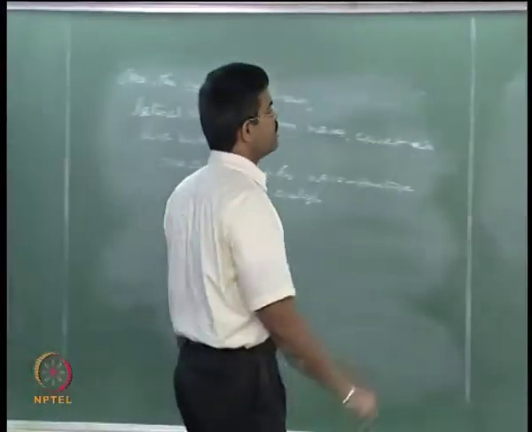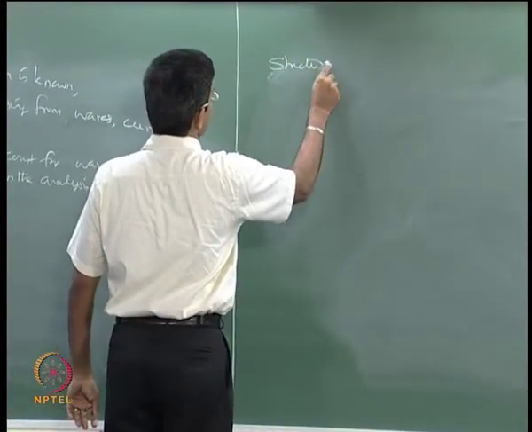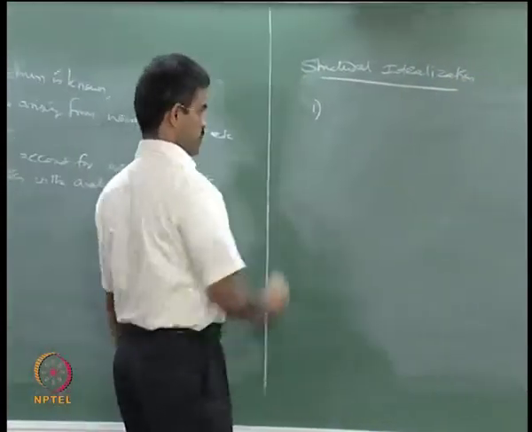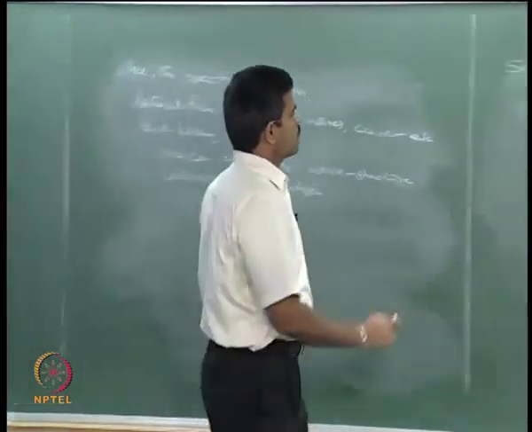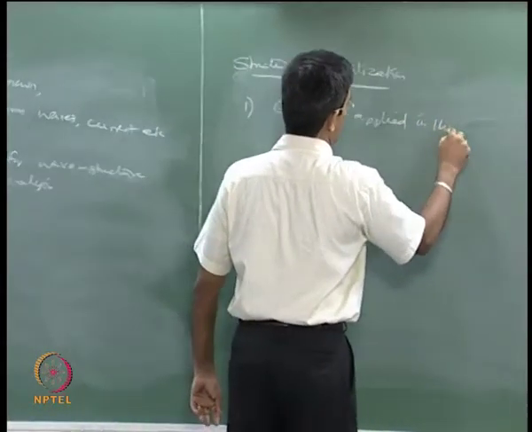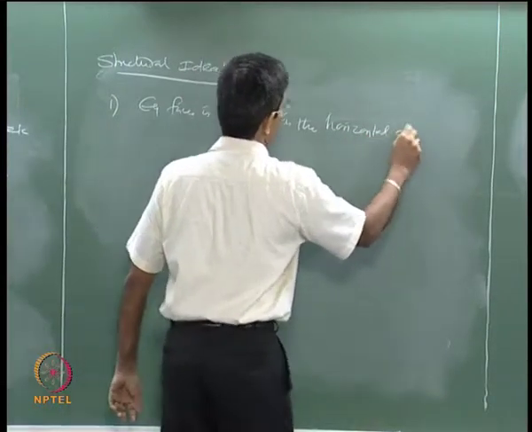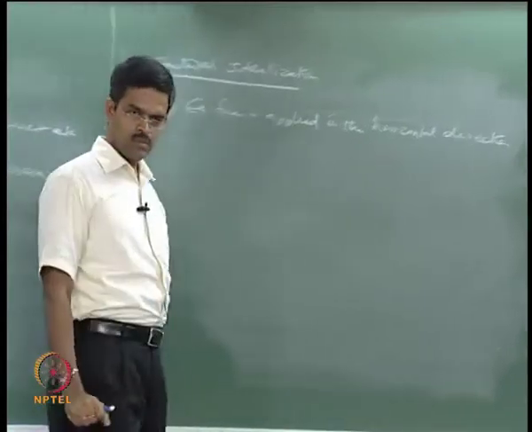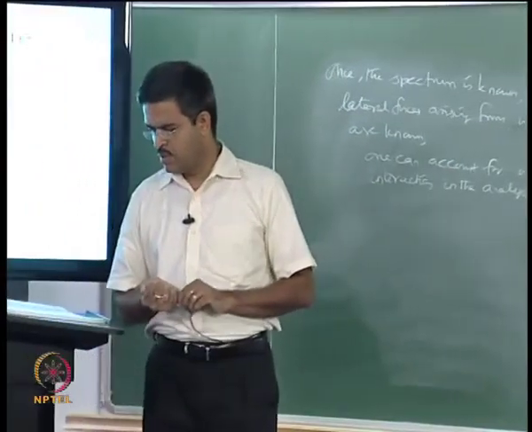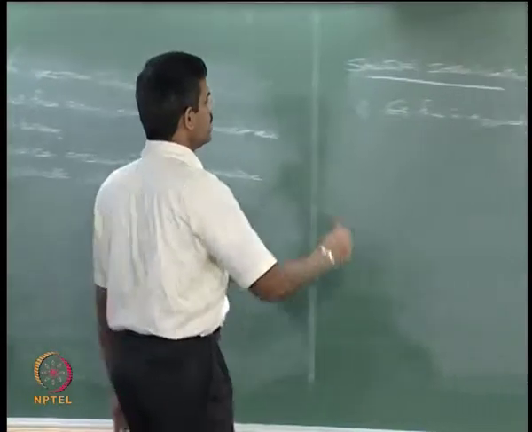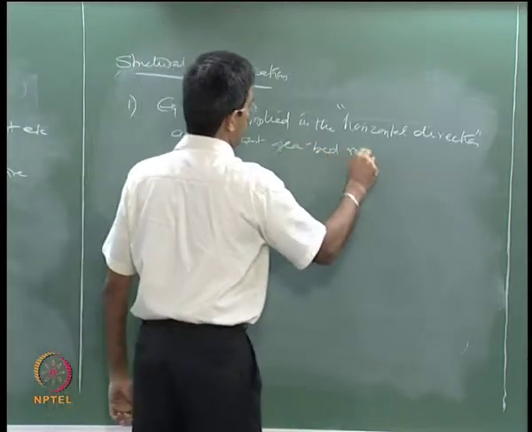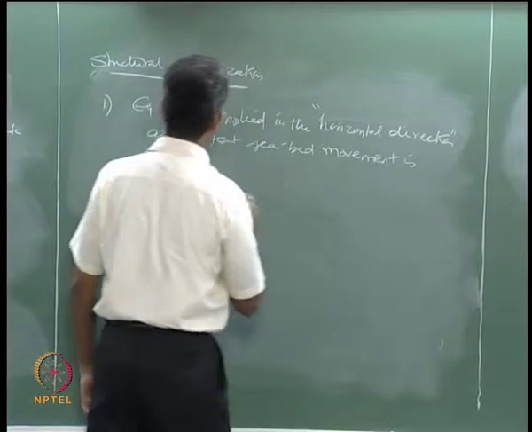Now, here there are some basic structural idealizations we do. Let us see what are they. 1, earthquake force is applied in the horizontal direction, assuming that sea bed movement is horizontal.